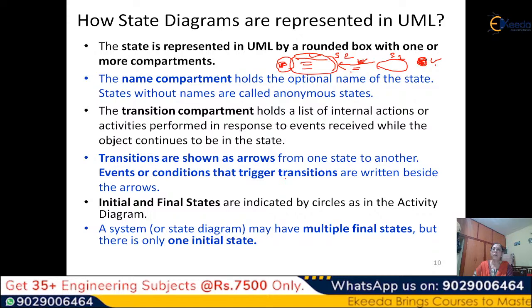It will always have one single start state, but there may be some branching. Under certain conditions, this branch may go and end somewhere, and under other conditions, this branch may go and end somewhere else. So you will have multiple ends, but you will not have multiple starts. You will have only a single start.